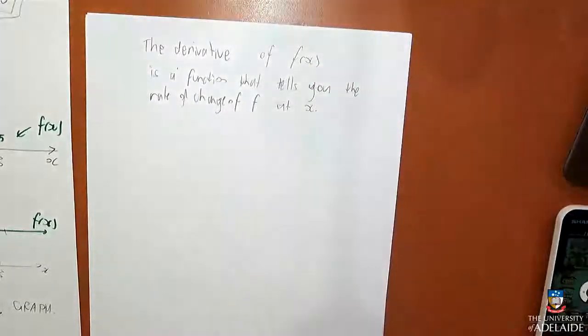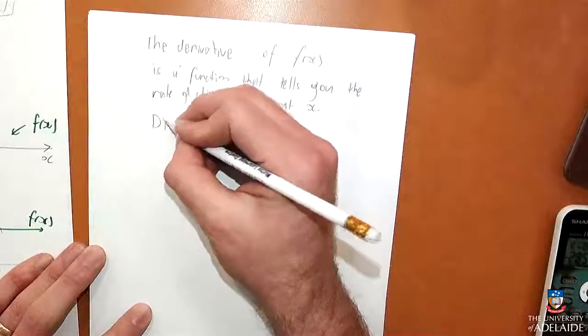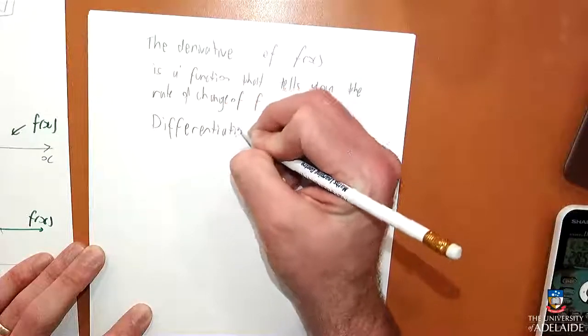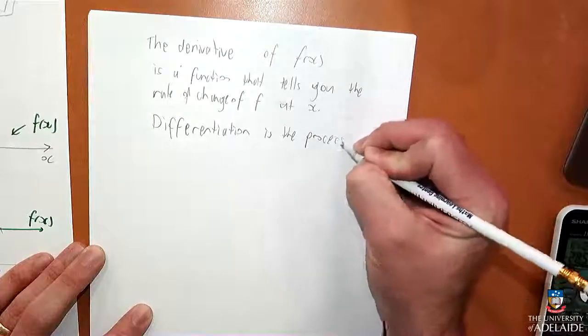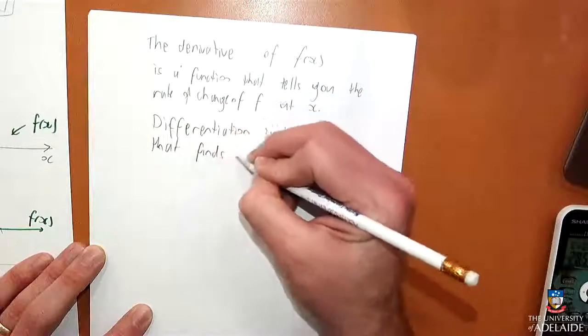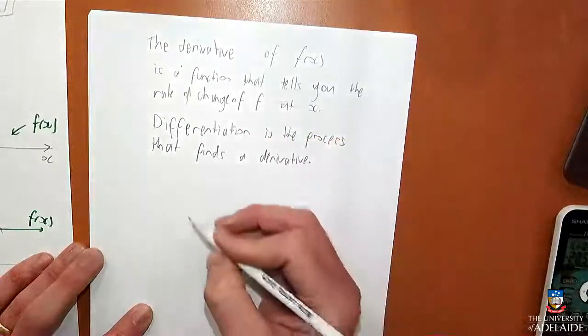So when we say at x, what we mean is very close to x. Okay? And differentiation is the process that finds a derivative.